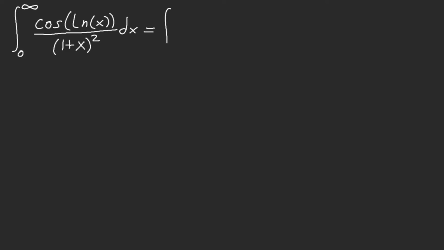So this would be from 0 to infinity, x to the power of i plus x to the power of negative i, over 2, and then leave this here. Okay, now trust me, let's see where this goes. Just trust me.